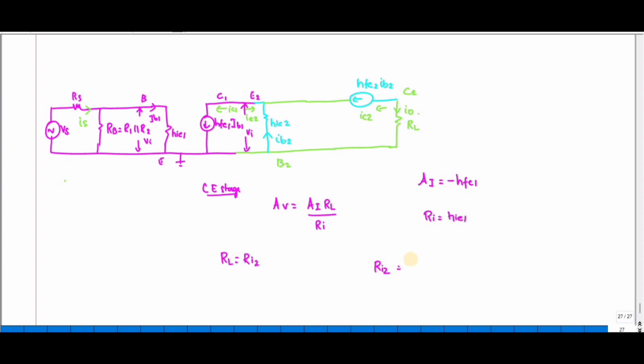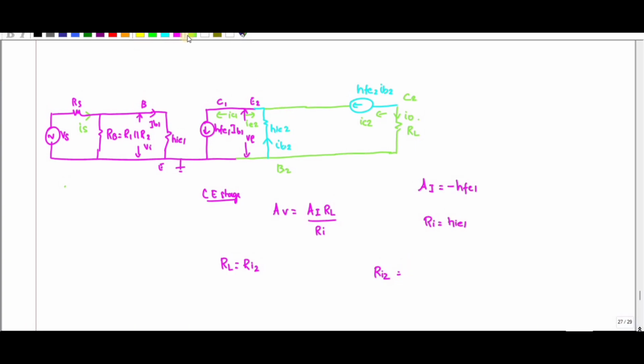So here my RI2 is nothing but VE divided by IE. So for the second stage, your input voltage and output voltage is emitter.